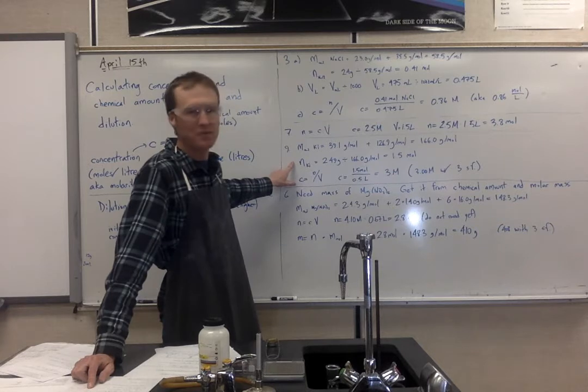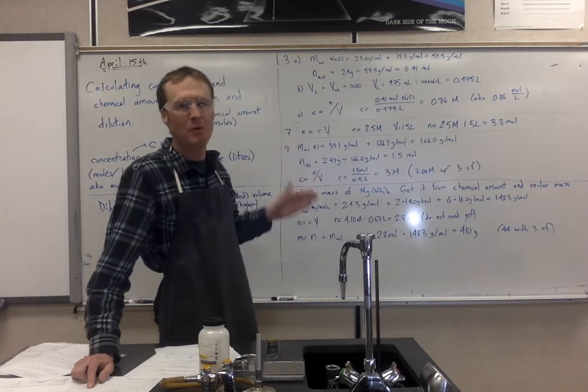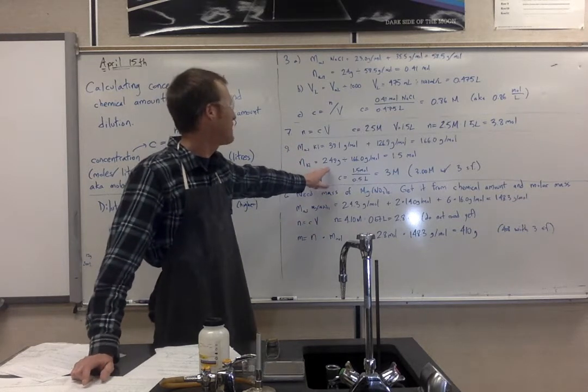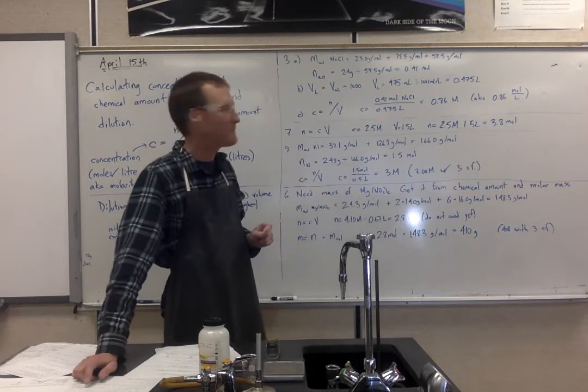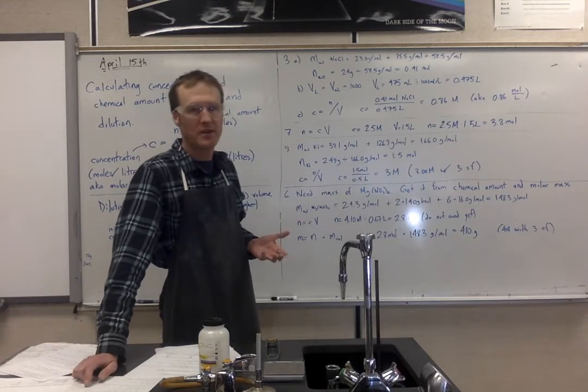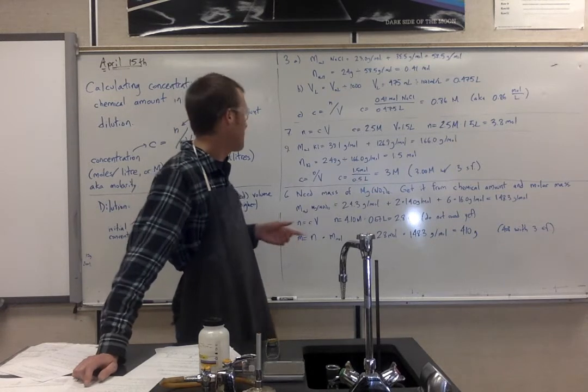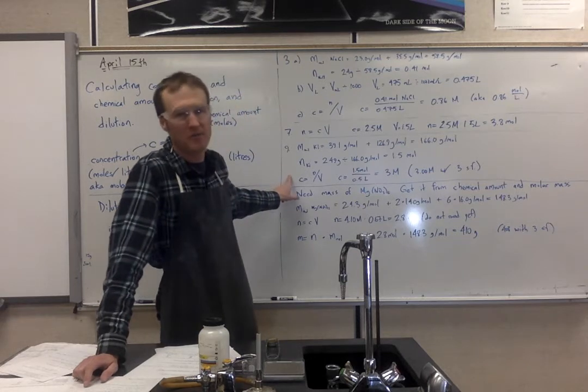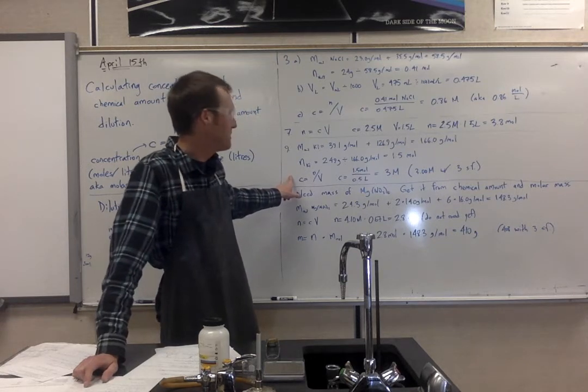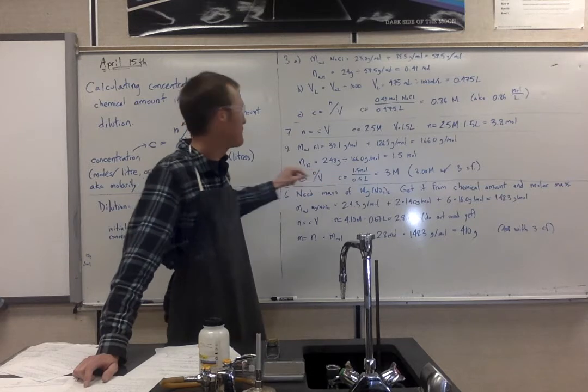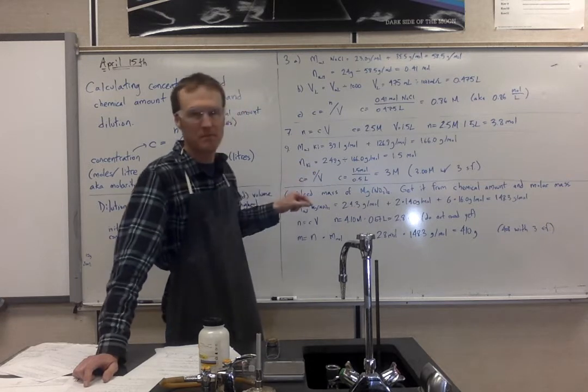The number of moles of it, mass divided by molar mass, 249 grams divided by 166 grams per mole. It's a very clean calculation. It's 1.5 moles. Now we can find concentration. We have chemical amount and we have volume.